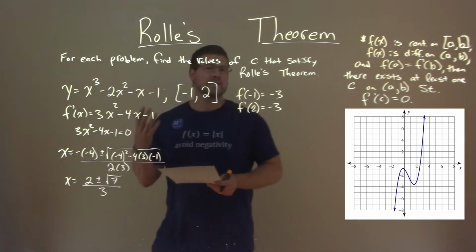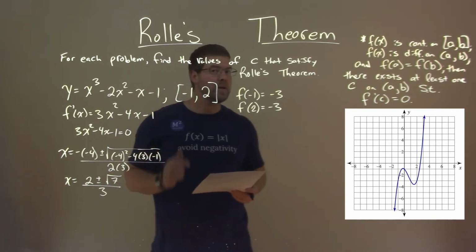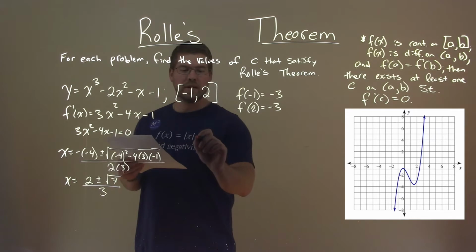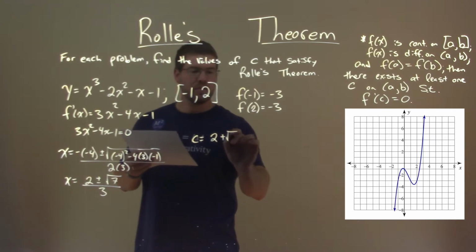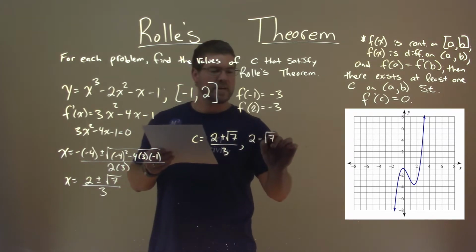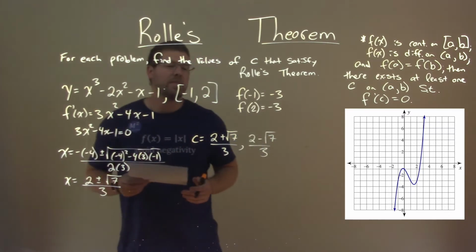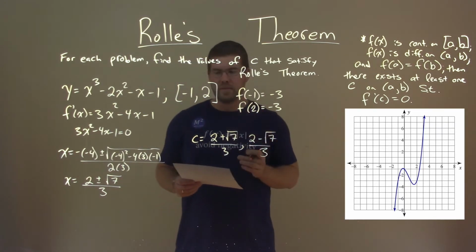So what this tells us is that these two values both end up being within our interval. It's important to check. Our two c values, we can write separately as (2 + square root of 7) over 3 and (2 minus square root of 7) over 3. And these are the two c values that satisfy Rolle's theorem.